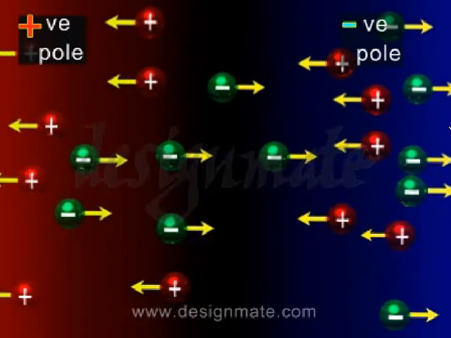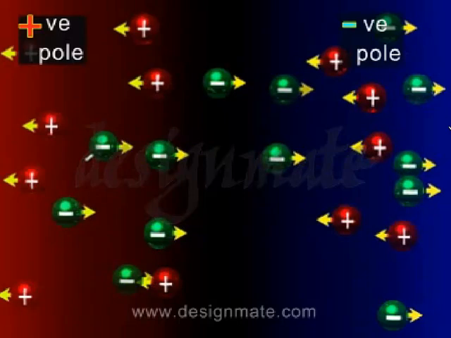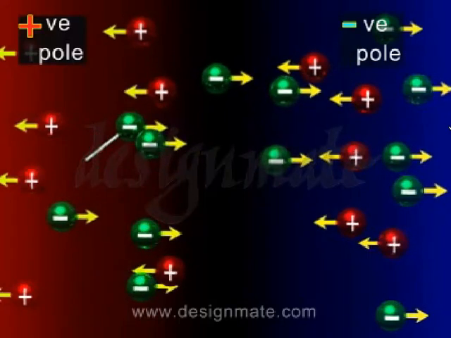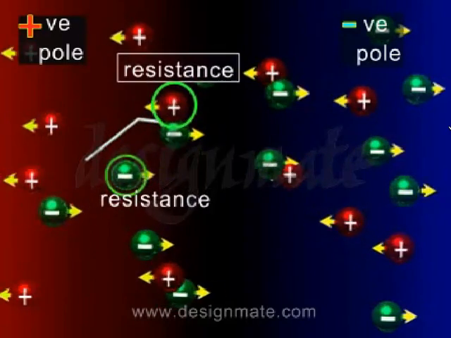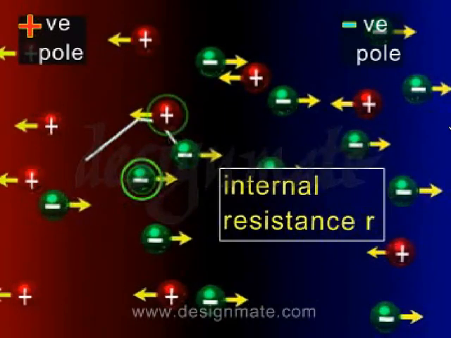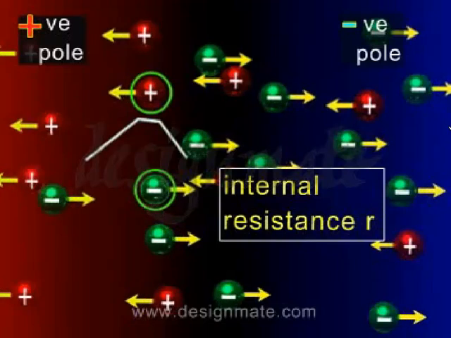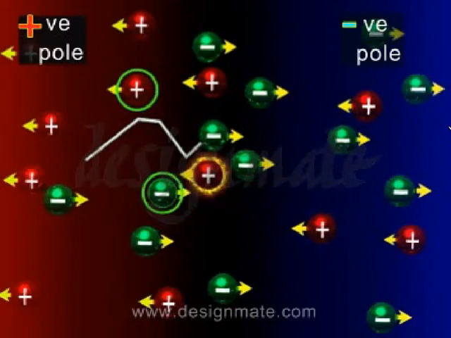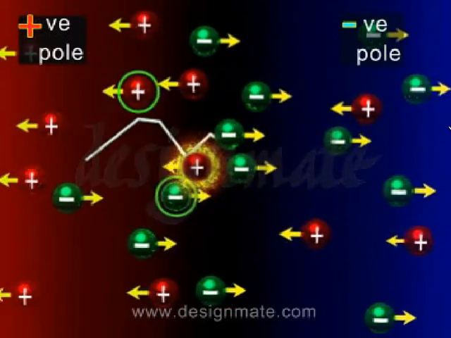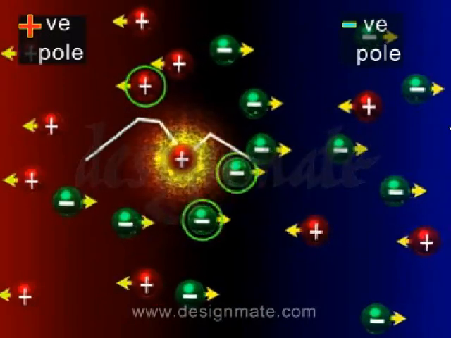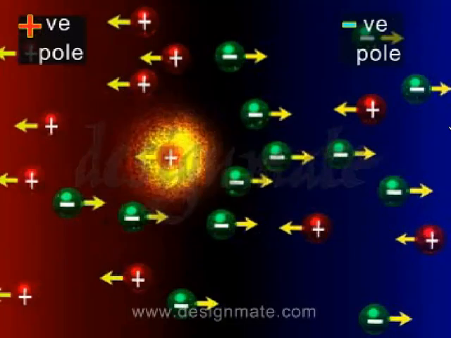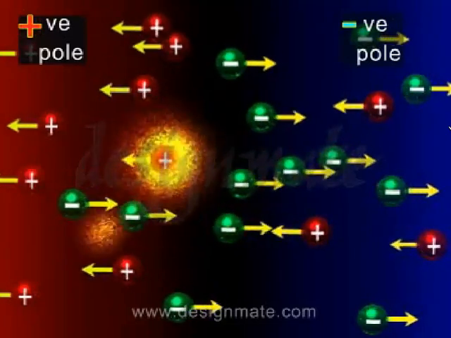During the motion, the charges have to overcome the resistance offered by the material which makes up the battery. This resistance is called the internal resistance R. Some of the energy gained by the positive charge due to the work done by the non-electrical force is dissipated as heat in overcoming the internal resistance of the battery.